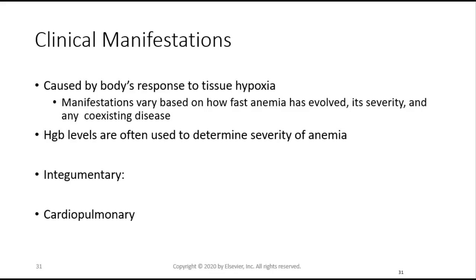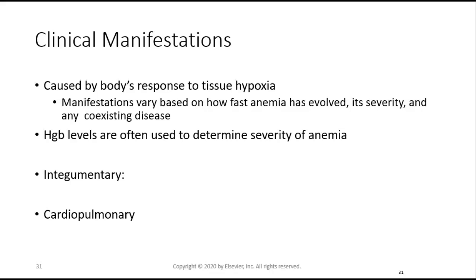So the signs and symptoms that we see will vary based on whether the person has mild, moderate, or severe anemia. There is a table in your book, I believe it's table 30-3, that really goes over the different signs and symptoms that we may see in a patient based on their level of anemia.